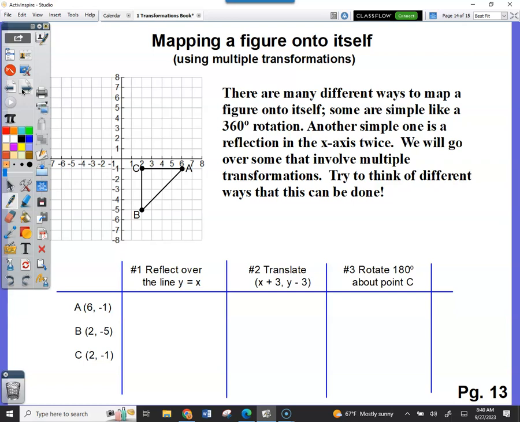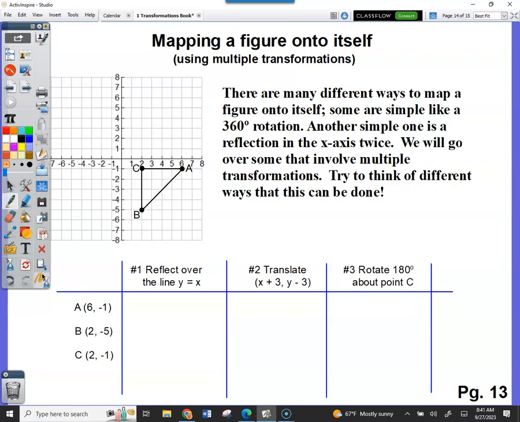It's a domino problem, meaning you're going to perform column 1. Then from column 1's answers, you're going to use it to perform column 2. From column 2's answers, you're going to use it to perform column 3. So it's a domino problem. You with me? So as you're answering it, your answers each time get used for the next one.